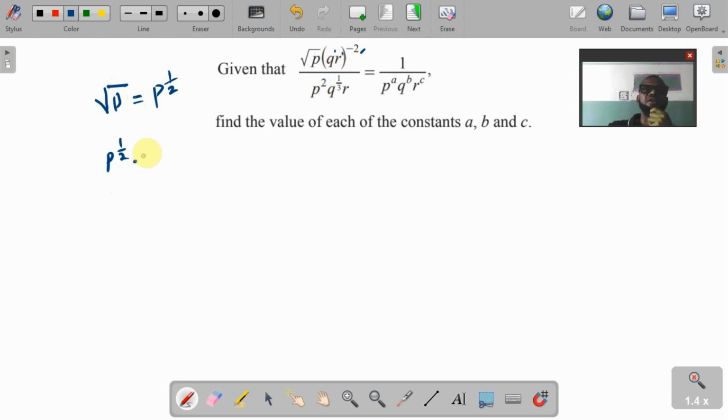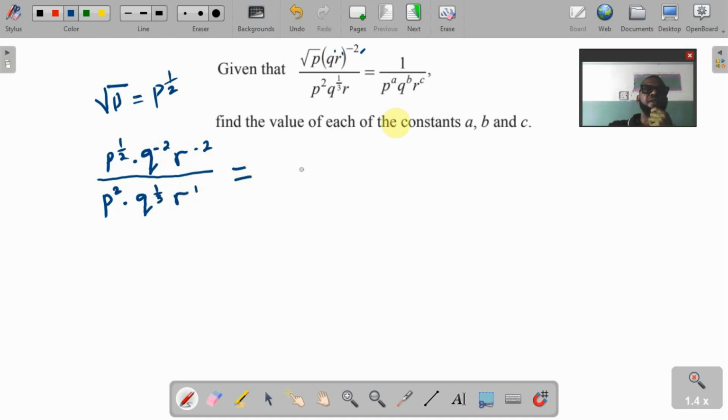So we now have q to the power of minus 2, then r to the power of minus 2, then everything divided by p all squared, into q all 1 over 3, then r raised to power 1. So there's no power there, so we have to add 1 there.